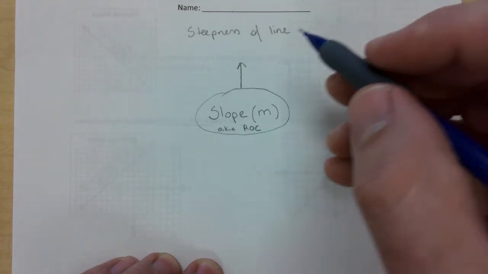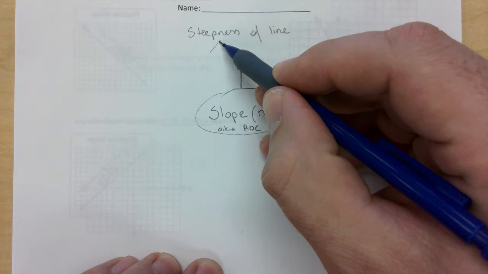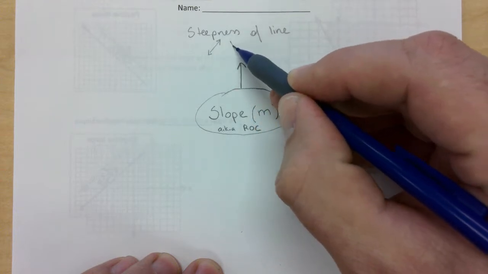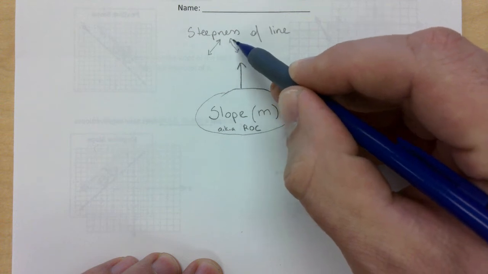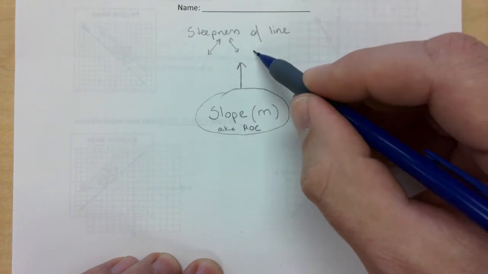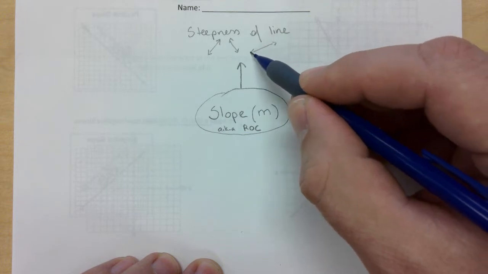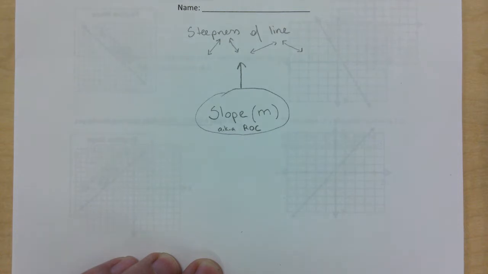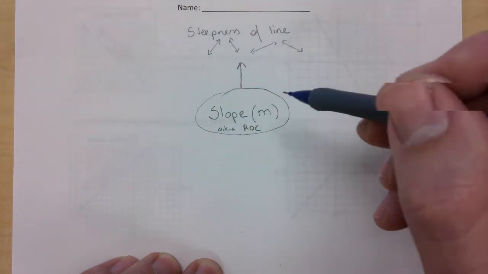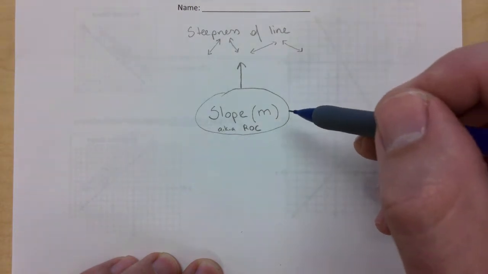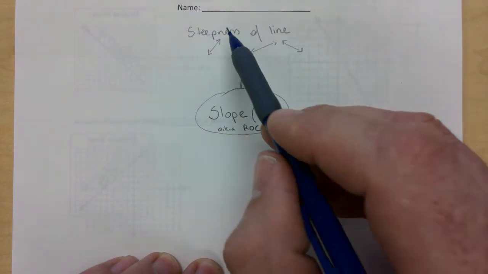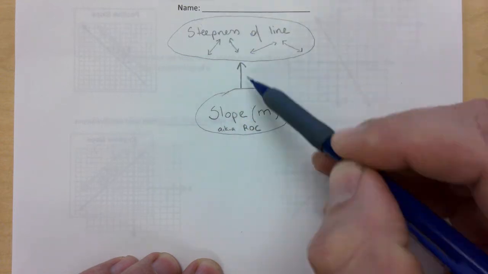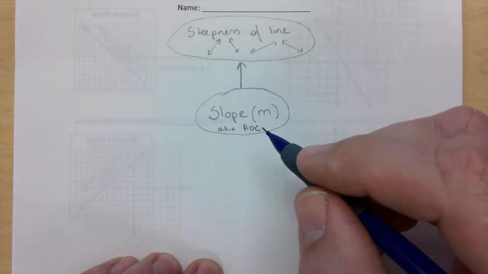So whether a line is steep or not so steep, it could go either way, increasing or decreasing, or then you have a shallow line like this. The value we get from the slope will tell us the steepness of the line. So we'll circle that. That's kind of like it branches off into it.